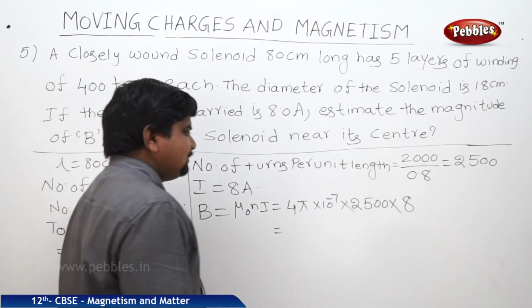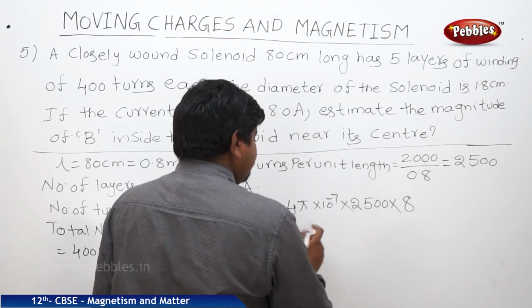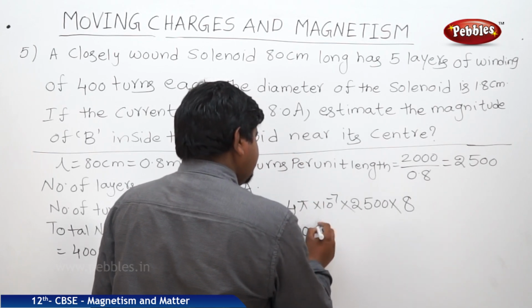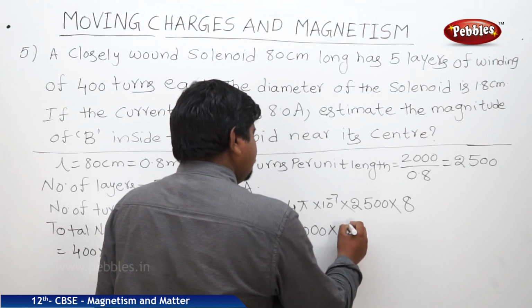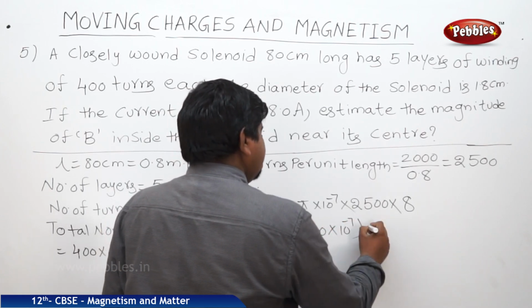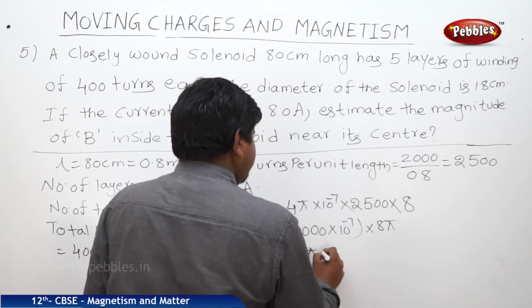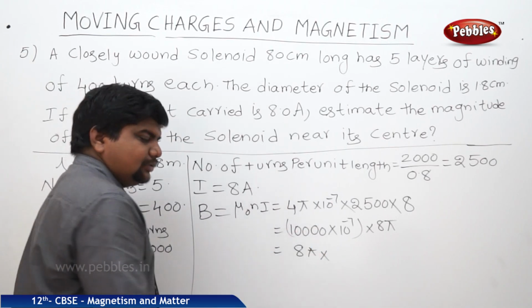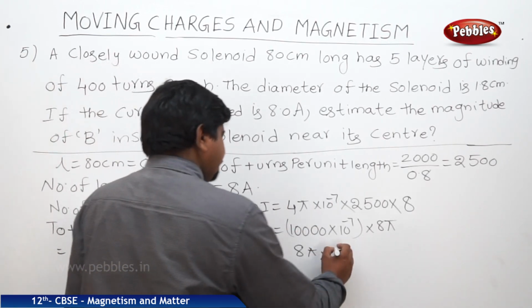So if this is the case, we can write 4 into 2500, 2 more zeros, into 10 to the power of minus 7 into 8 pi. So this will be 8 pi into 10 to the power of 4 and 10 to the power of minus 7, approximately 10 to the power of minus 3.